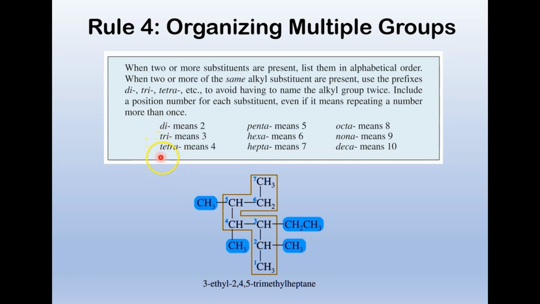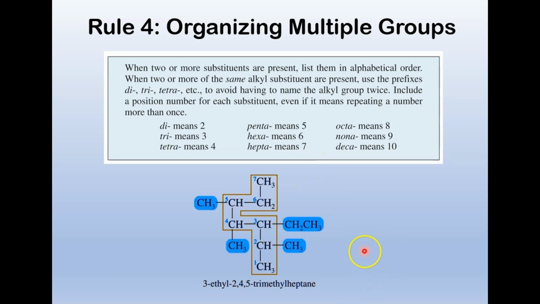It's di, tri, tetra, and penta. So pentane is 5. Penta would be 5 substituents. Hex means 6. Hexa, this might be where I get tied up at times. Hepta, octa, nona, deca.